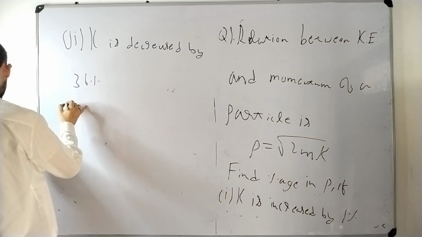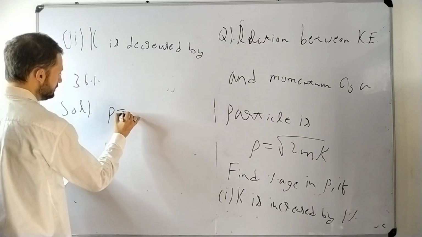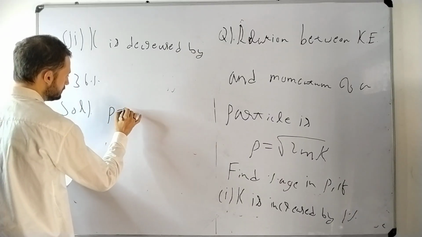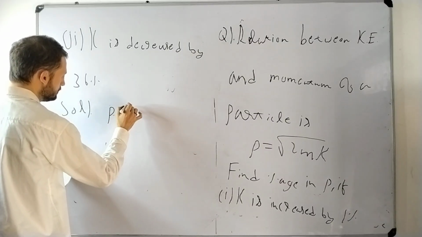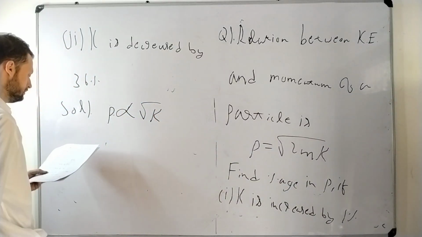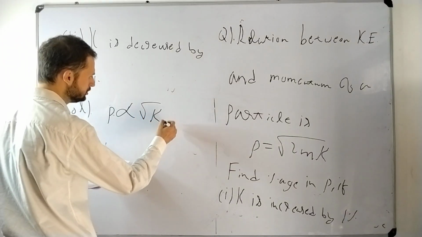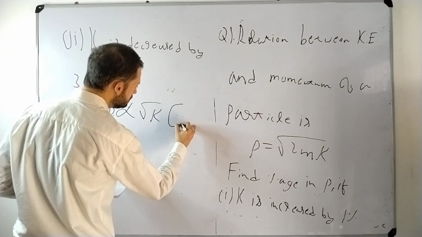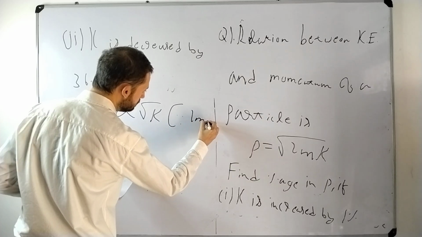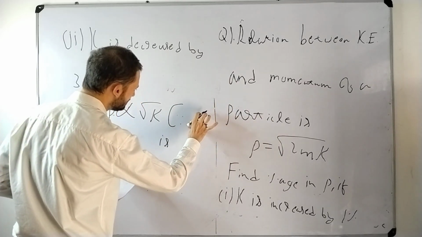So I should write the solution: P is equal to P under root K. Why sir, where did 2m go? 2m is constant or m is constant.